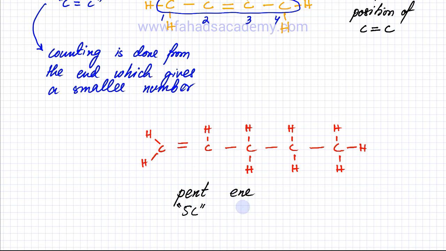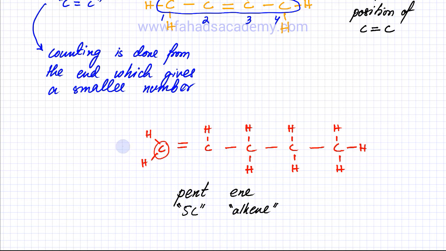So this indicates that it's an alkene. And we just need to figure out what is the position of the double bond. So if I count from the left hand side, the double bond is on the first carbon atom, and counting is supposed to be done from the side which gives you the smaller number.